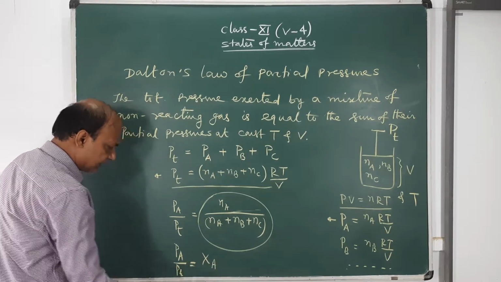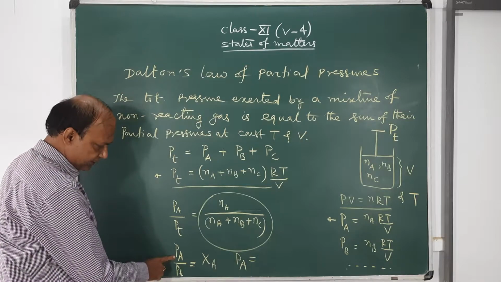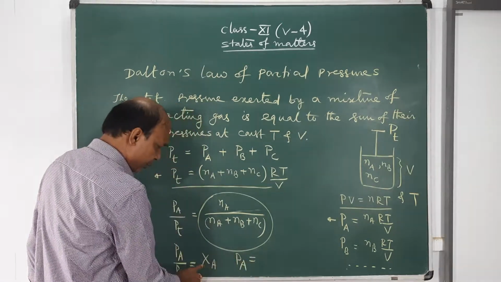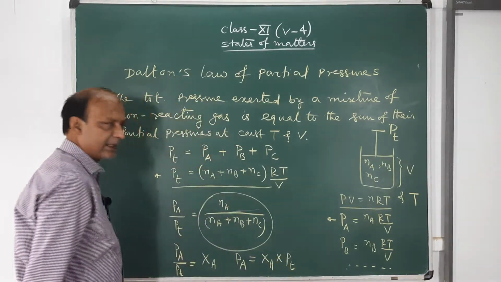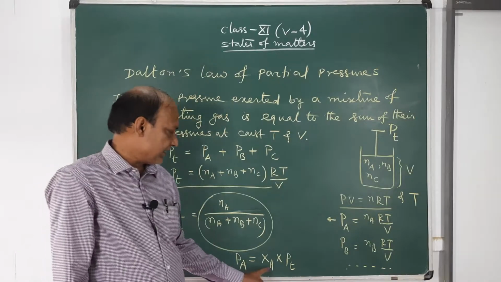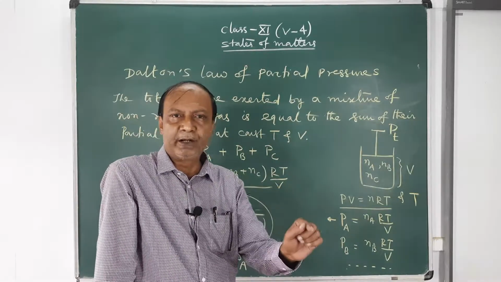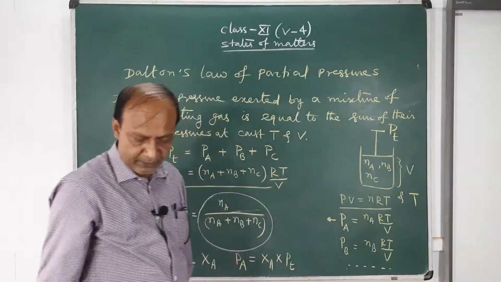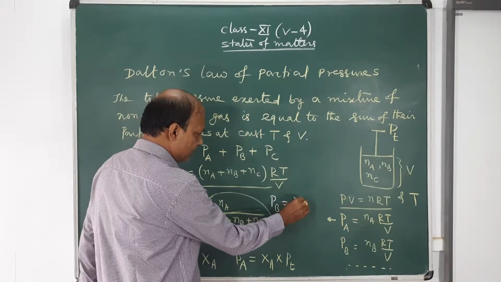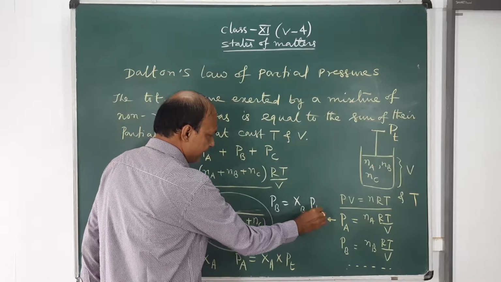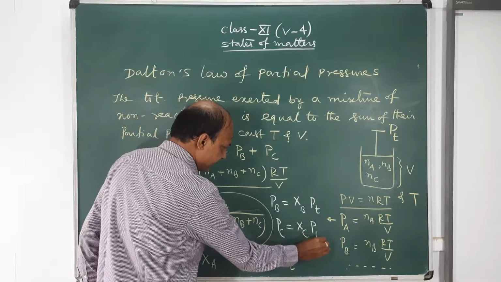That means, in other words, you can say the partial pressure of each gas is the product of its mole fraction and total pressure. So, from Dalton's law, the partial pressure of each gas can be written as the product of the total pressure and its mole fraction. Similarly, you can write for gas B, Pb equals Xb into Pt, Pc equals Xc into Pt, like this.